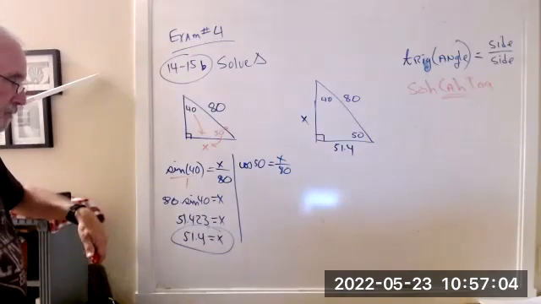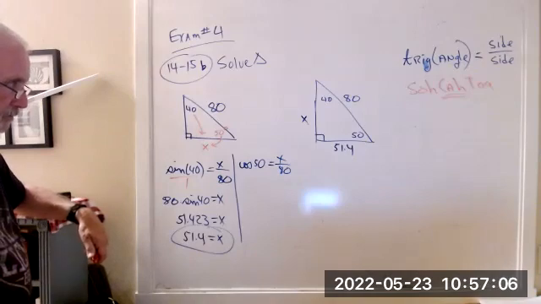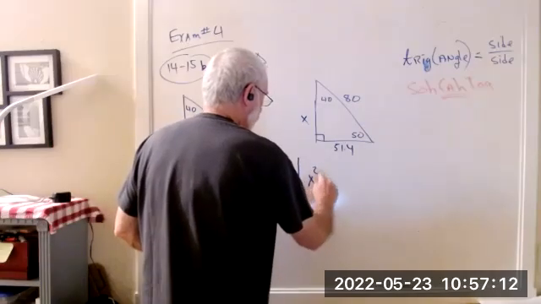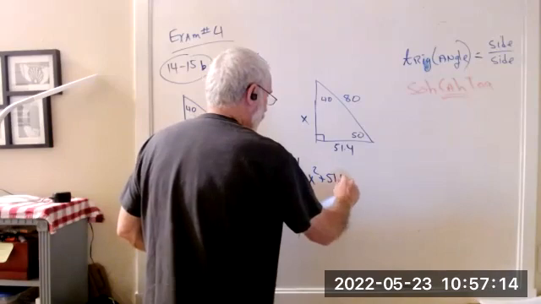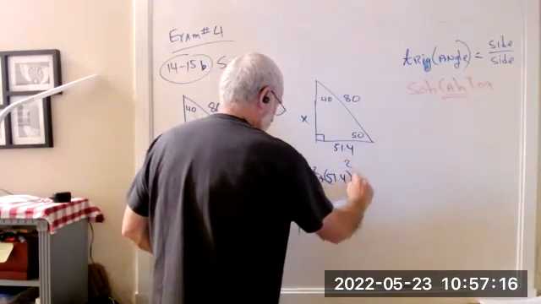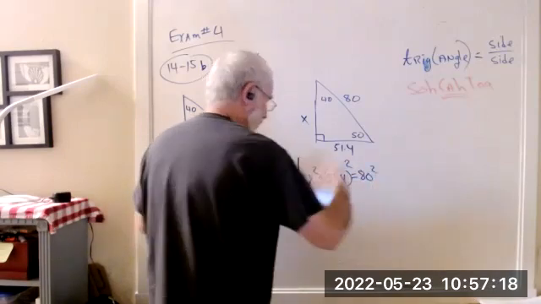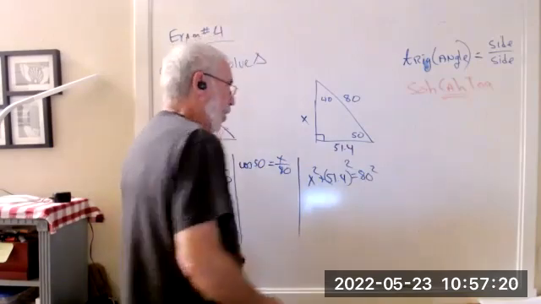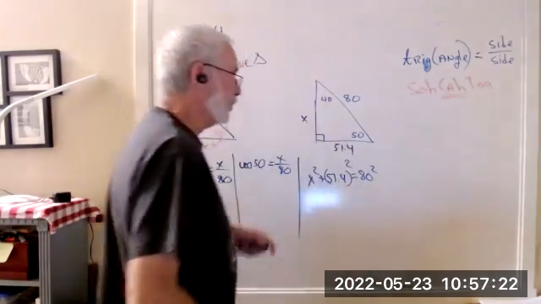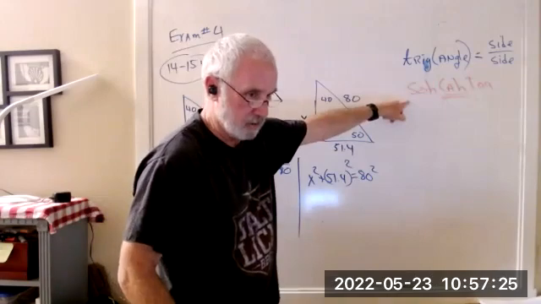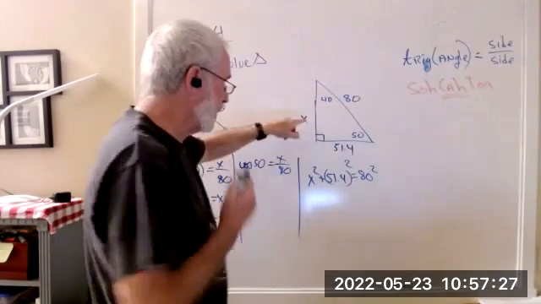What's one way? Pythagoras again. You could say that X squared plus 51.4 squared equals 80 squared and work that one out. Or you could use SOHCAHTOA again to find this X.